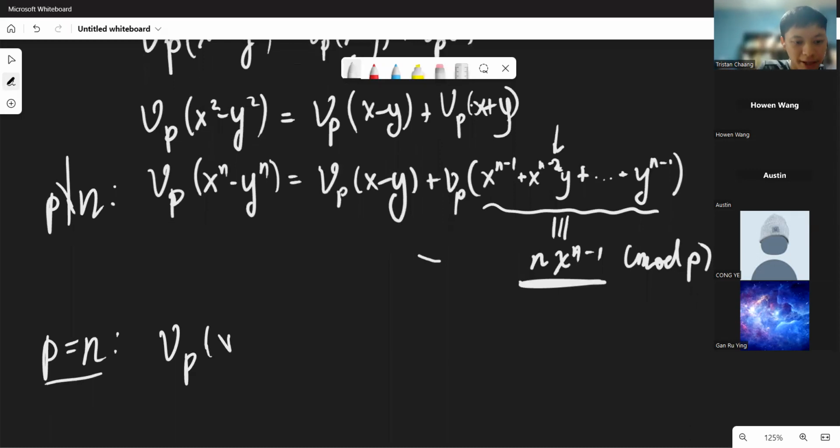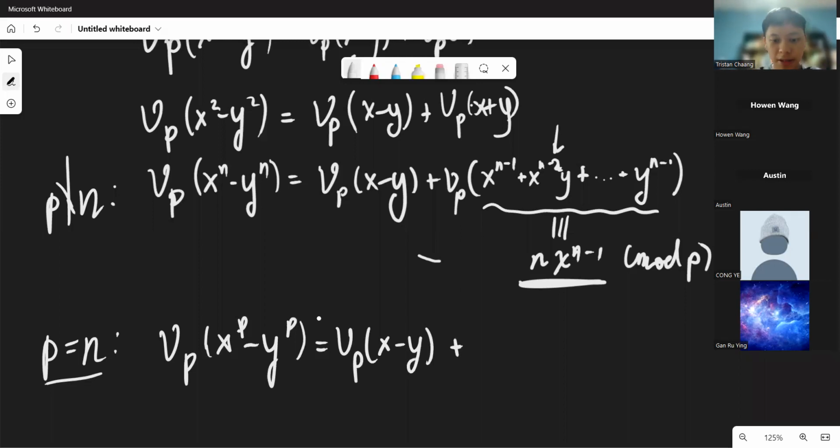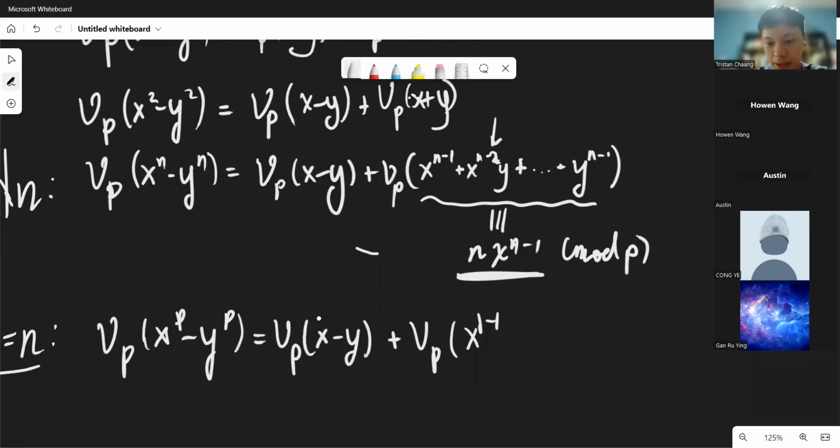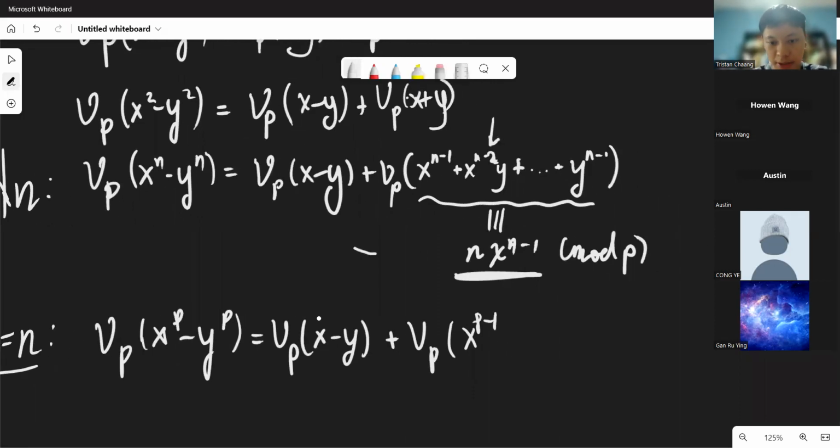P equals n. So x to the p minus y to the p. Now, same thing. You have this plus Vp of x to the p minus 1 plus blah, plus until y to the p minus 1.